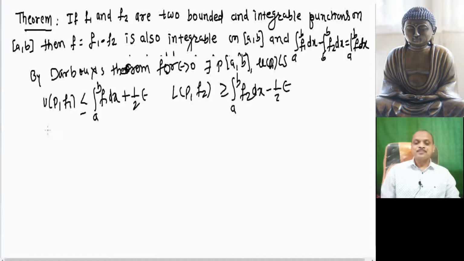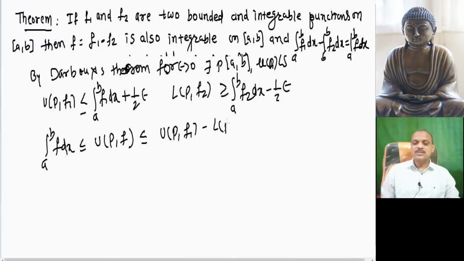Okay, then the integration of the function f is less than or equal to the upper sum of f, but the upper sum of f is less than or equal to the upper sum of f1 minus the lower sum of f2. We have seen this in the previous inequality.